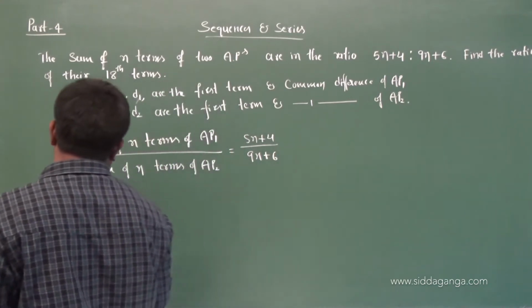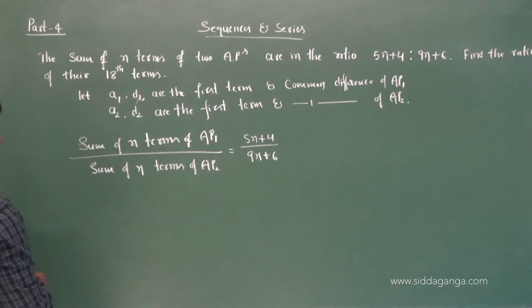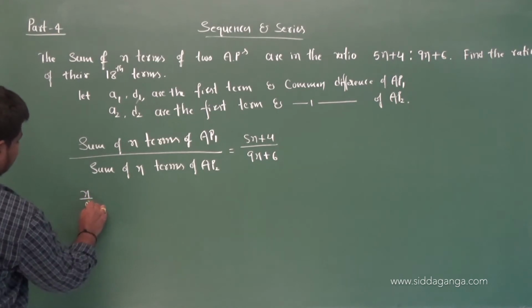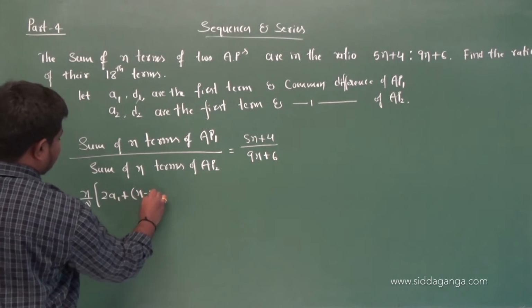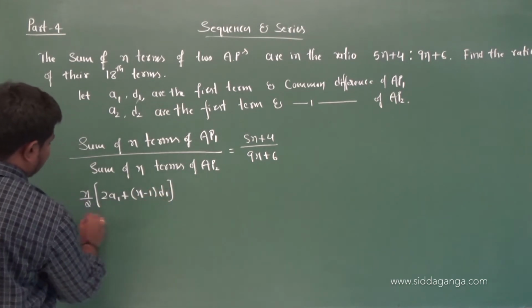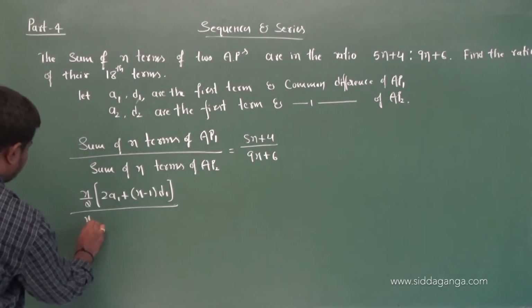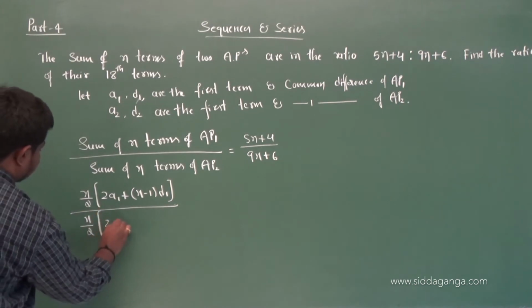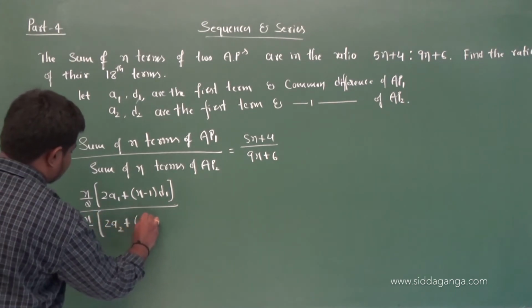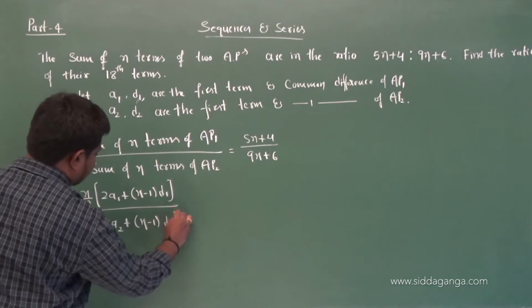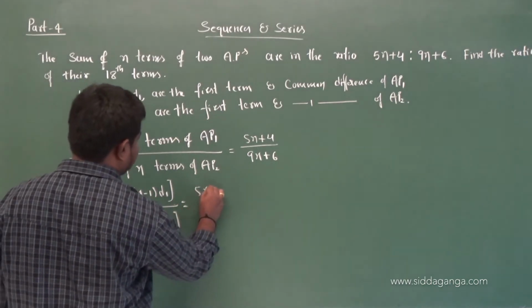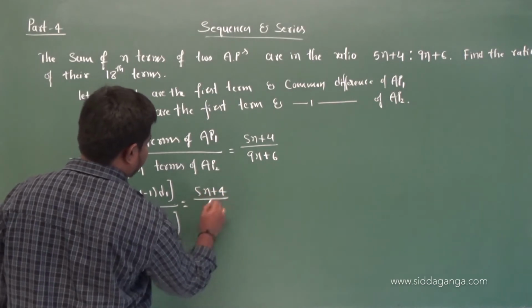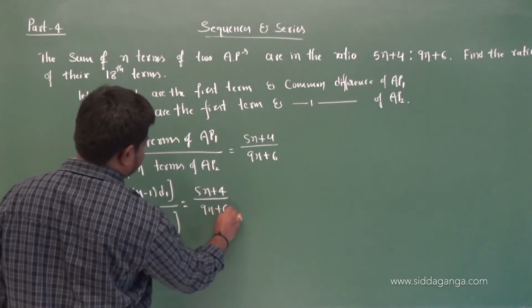I can write this as n by 2 into 2a1 plus n minus 1 into d1 divided by n by 2 into 2a2 plus n minus 1 into d2. n is same for both the arithmetic progressions. This is 5n plus 4 divided by 9n plus 6.